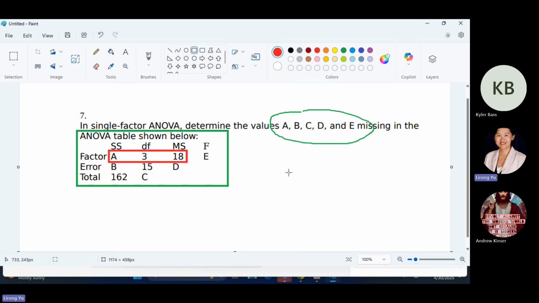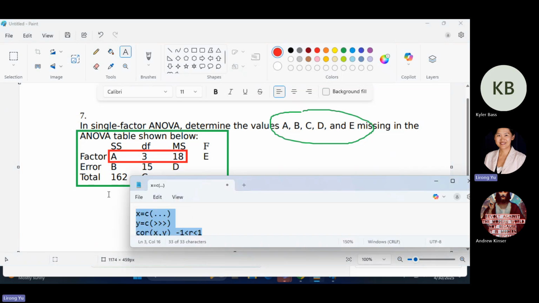And we have to understand the relation between all three numbers, right? So basically the summation of square divided by the degrees of freedom in that row would equal the mean square.